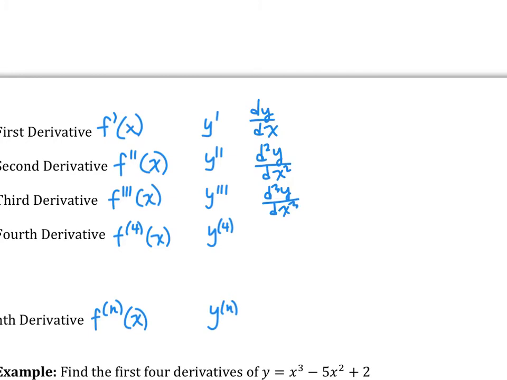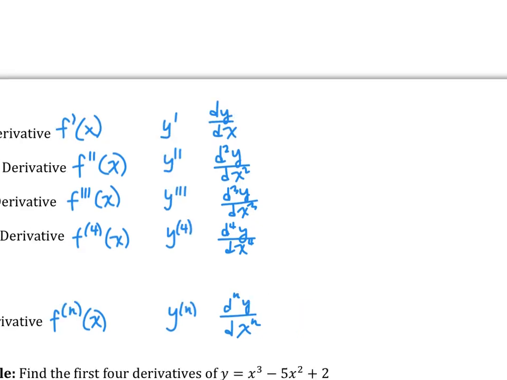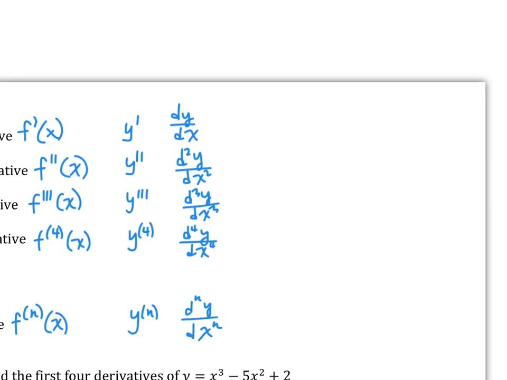The fourth derivative would be d4y over dx4. Then the nth derivative would be dny over dx to the n.